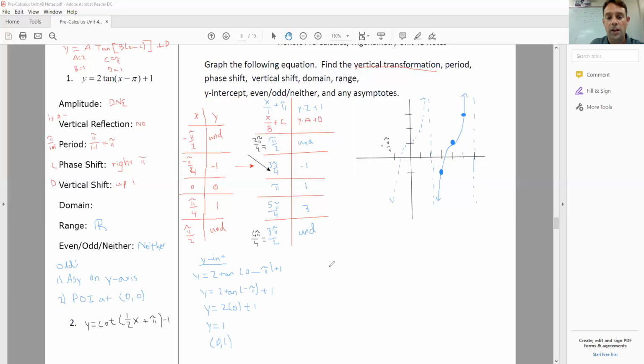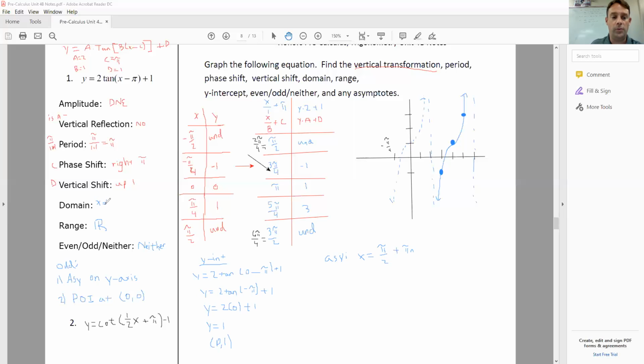All right, and let's see my asymptotes. Where's my first one at? It's at pi over 2. So pi over 2 plus my period length, which is pi. So that means my domain can be any value but the asymptote.